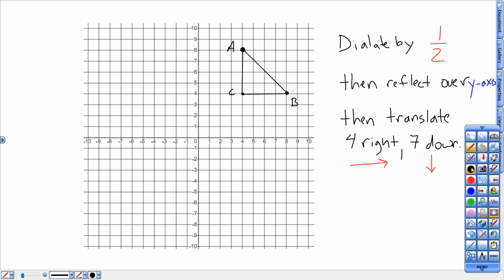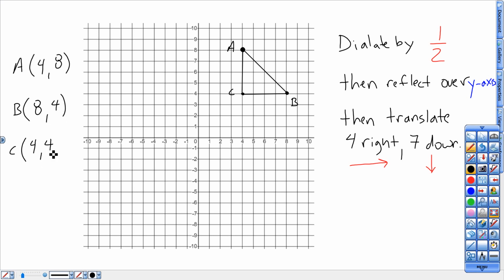What I'd like you to do is be able to write down those coordinates and be able to do it that way. So A is the point (4, 8). B, if I look at it, that's the point (8, 4). And then C, if I look at it, C is (4, 4).